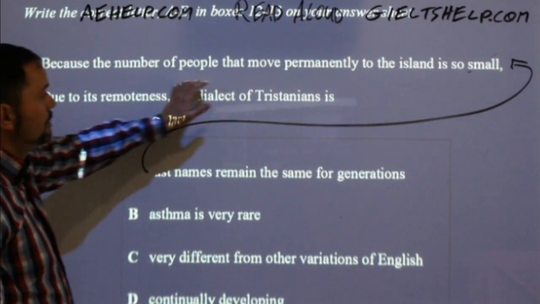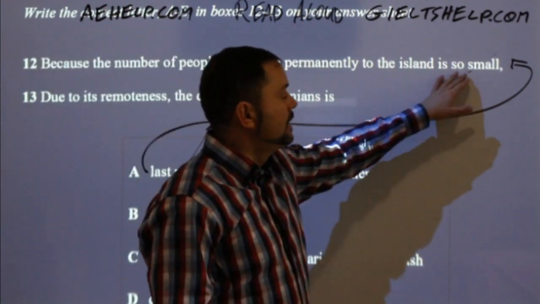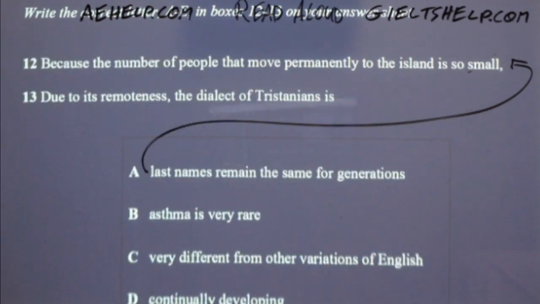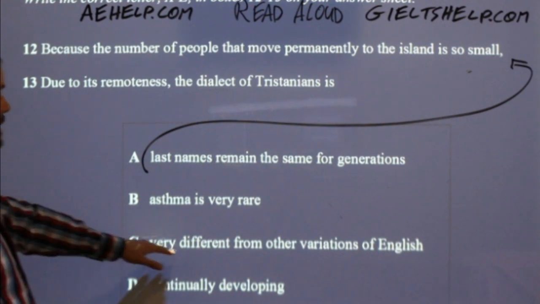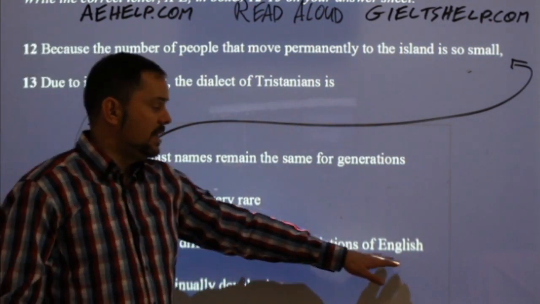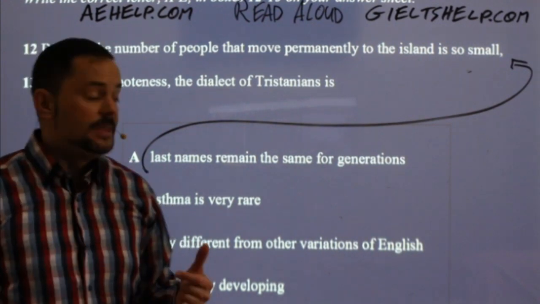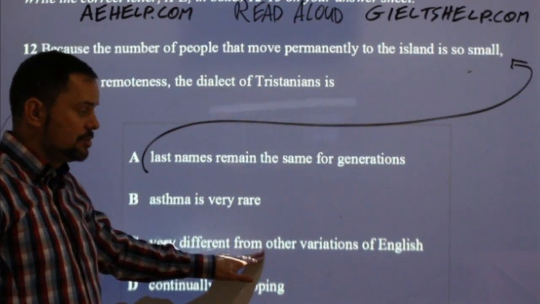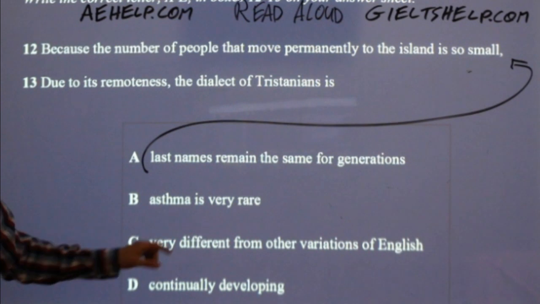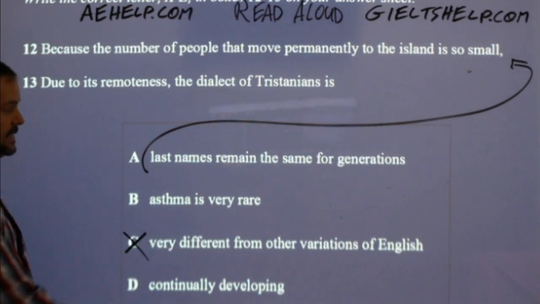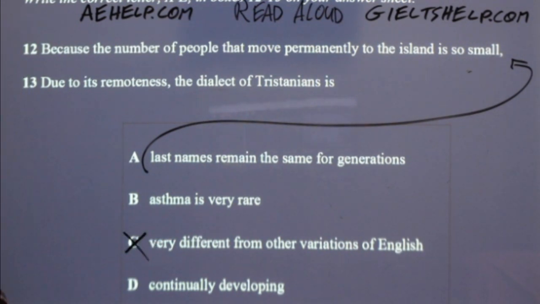Because the number of people that move permanently to the island is so small, very different from other versions of English, grammatically, it's incorrect. The information is correct, it's true, but grammatically it's wrong. So that's why it cannot be C. Okay?